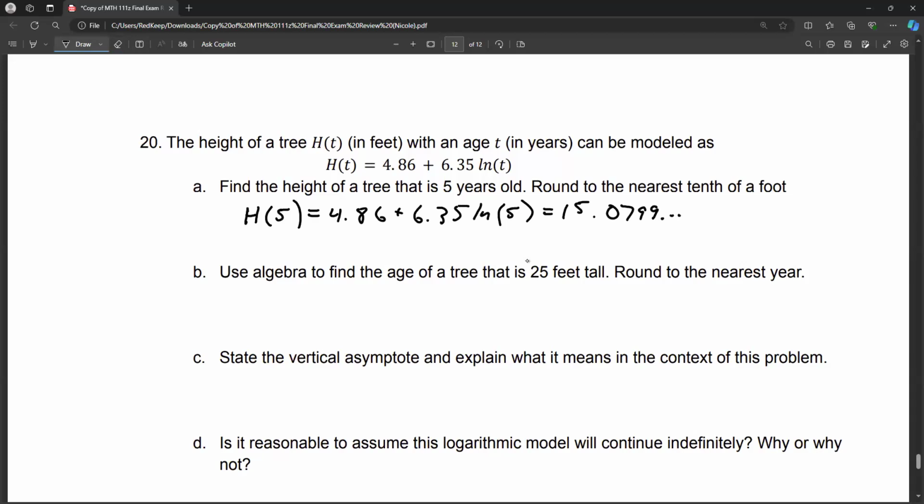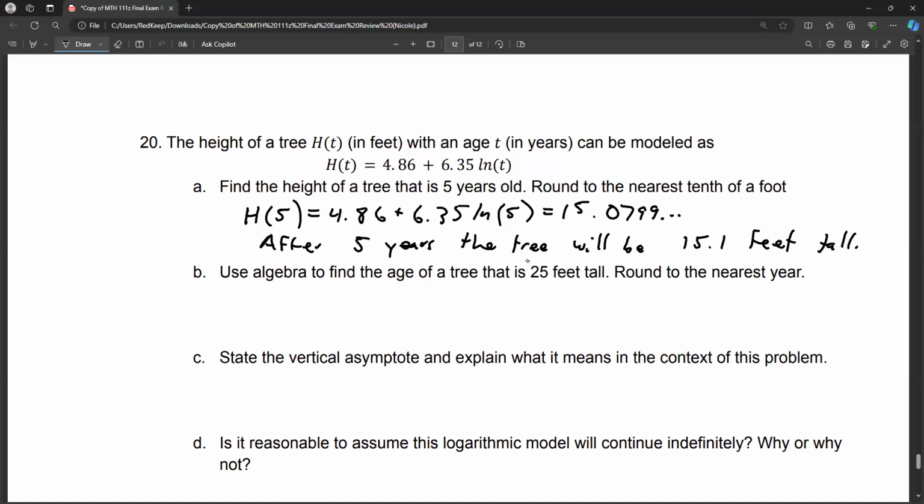And so here, I'd probably say something like, hey, after 5 years, the tree will be, rounded to the nearest 10th, 15.1 feet tall. Something like that, right?